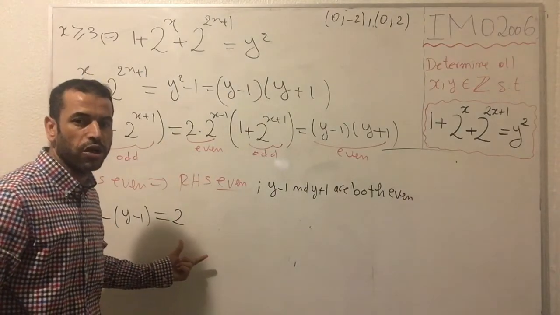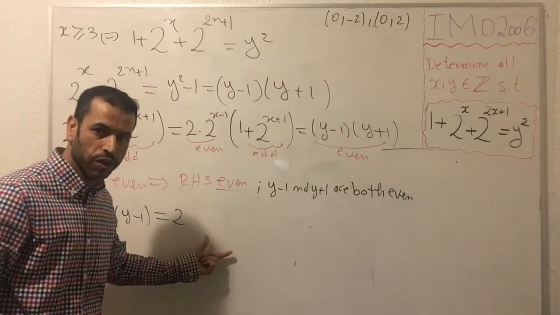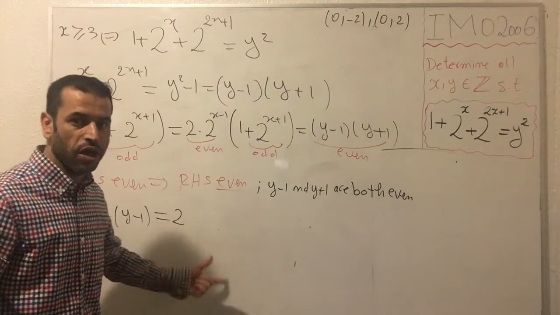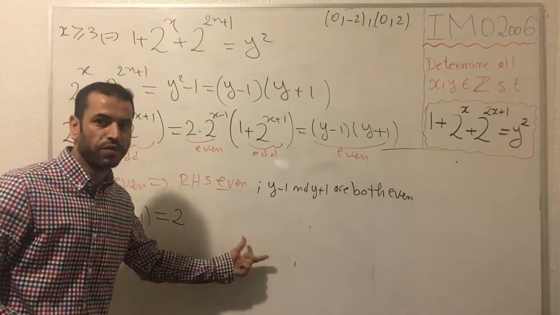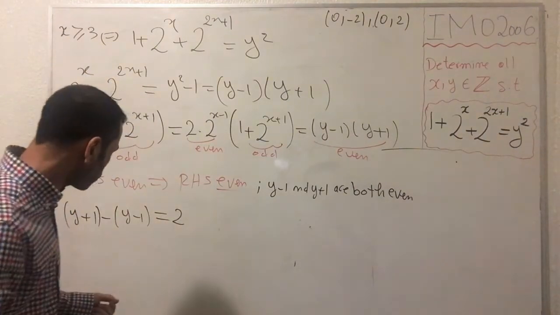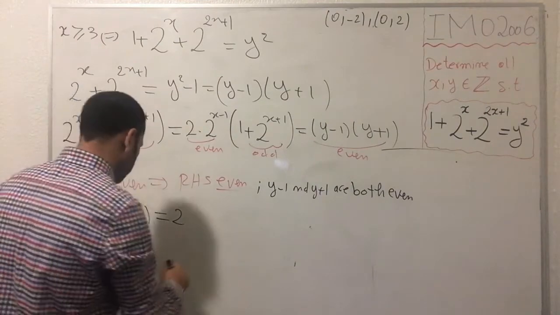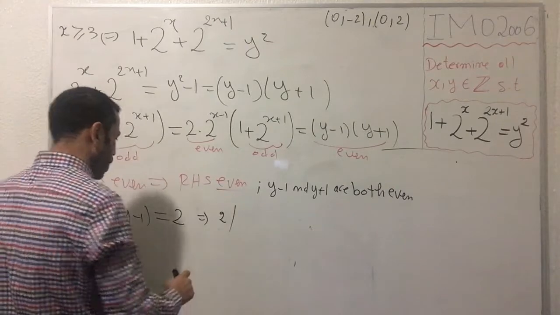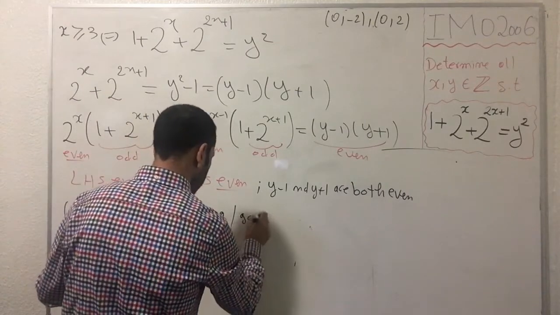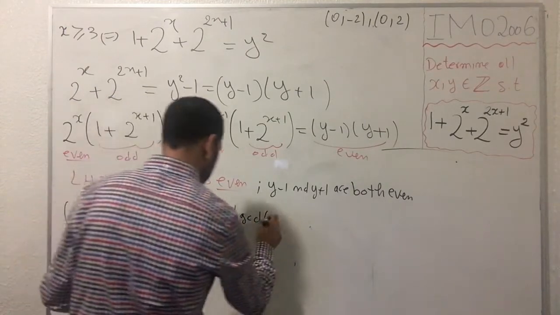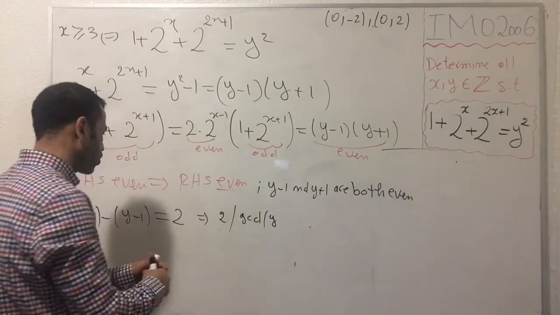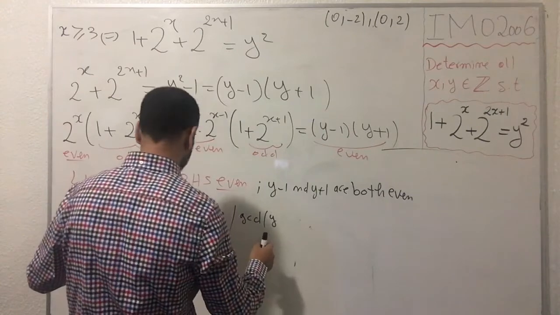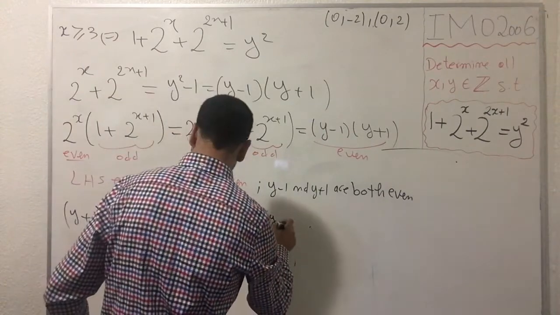A linear combination of two integers is a multiple of their GCD, the greatest common divisor. That means 2 is divisible by the GCD, the largest common divisor of y plus 1 and y minus 1.